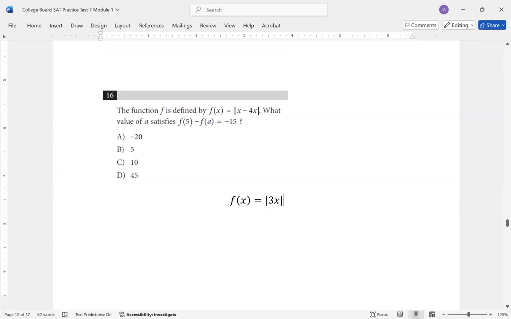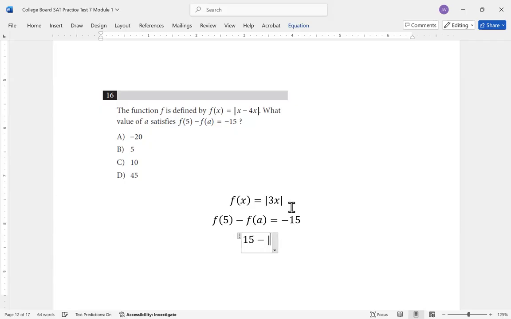And then we say, well, f of 5 minus f of a is equal to negative 15. F of 5, well, when I plug in 5, 3 times 5 is 15. Absolute value of 15 is 15.